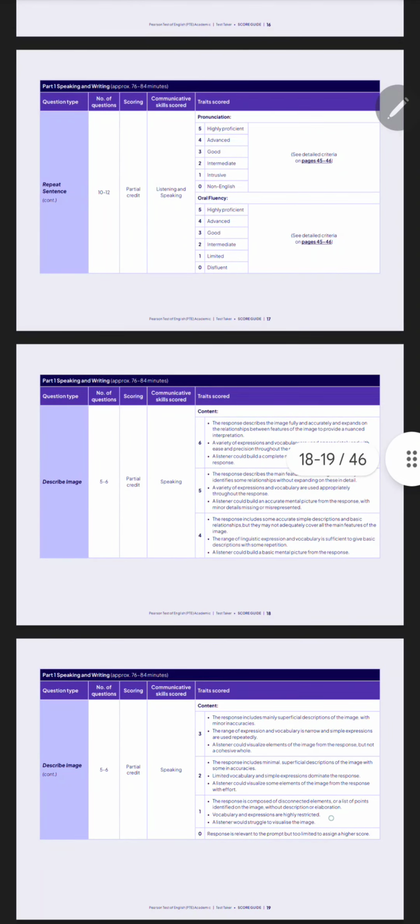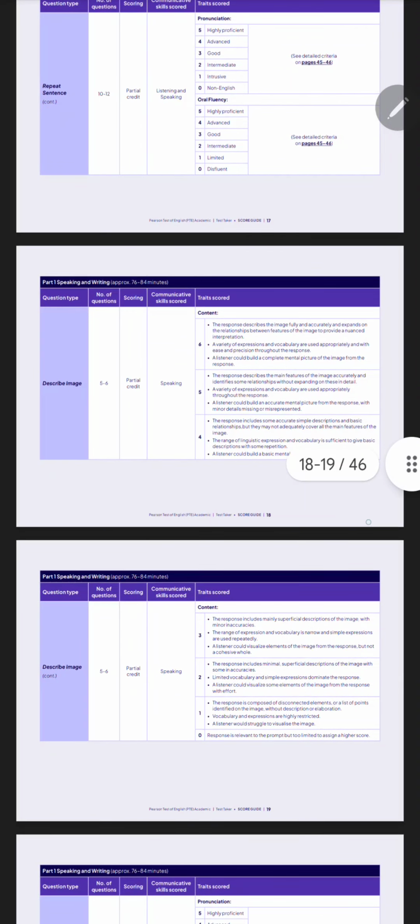Okay, so about describe image, this one is just speaking, but I think it's really like the IELTS academic writing task 1, because it's like describing an illustration for an academic context, like a graph or some kind of figures, reporting to university lecturers, professors, stuff like that.